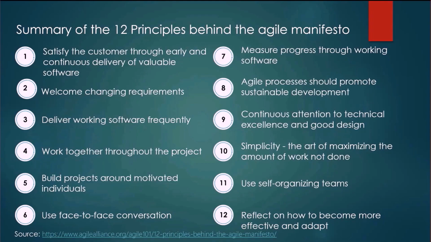Use face-to-face conversation. 7. Measure progress through working software. 8. Agile processes should promote sustainable development. 9. Continuous attention to technical excellence and good design. 10. Simplicity, the art of maximizing the amount of work not done. 11. Use self-organizing teams. 12. Reflect on how to become more effective and adaptive.